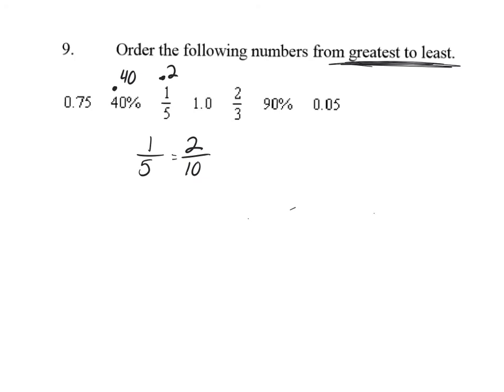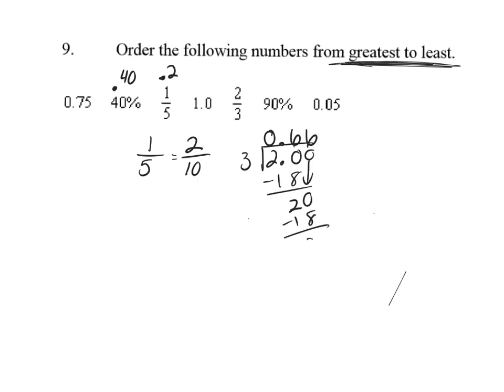So if you don't remember, 2/3 is one of the ones that we considered our memorized decimals, but if you don't have it memorized, just divide the numerator by the denominator. 3 cannot go into 2, so we add a 0 in our decimals, but 3 goes into 20 6 times, which gives us 18. And then you get 20 again, and you start noticing a pattern that it keeps happening, so this is repeating. So we can say this is 66 hundredths repeating. And then 90% we can say is 90 hundredths, and 5 hundredths is already a decimal.